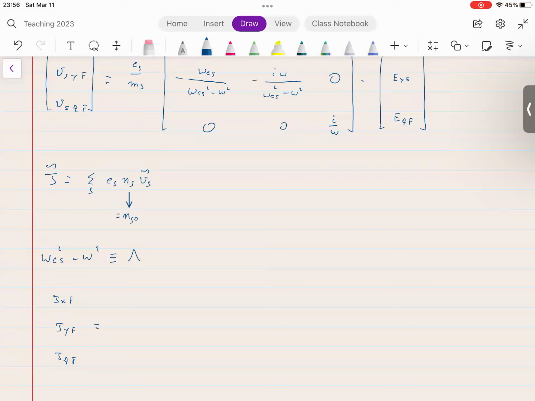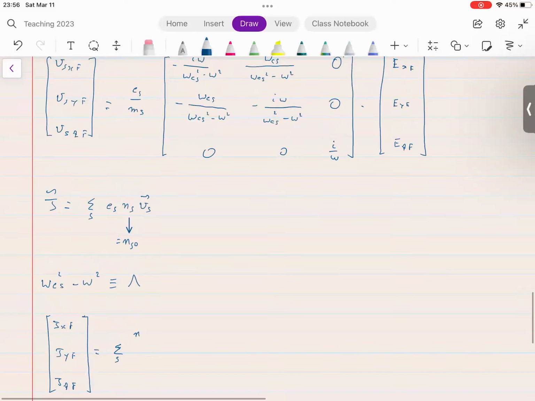Okay, so J as a vector is going to be equal to the expression I have here. So that's going to give me the sum over s of density times charge square. Already had a charge with another one.